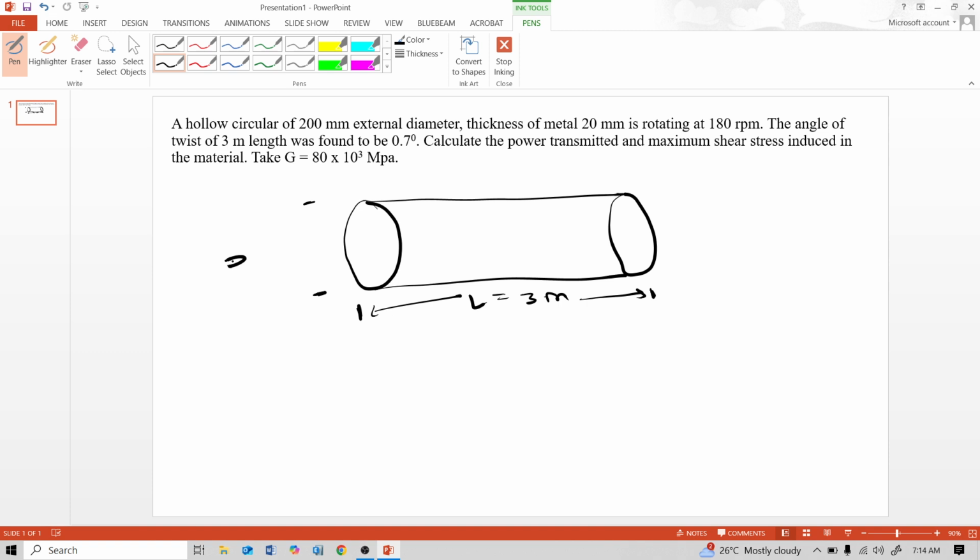External diameter capital D is 200 mm. Thickness, and this is a hollow circle. That means here the thickness of this metal is 20 mm.